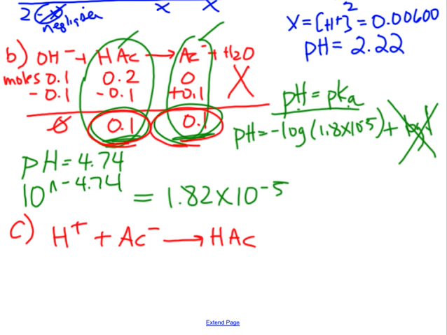What are we using? We're only using how many mils from the resulting solution? 0.04, right? But we need to know the concentration before we can actually do this in order to find out the moles that we're actually using. So in this case, we need to go back up here and figure out the concentration of those guys. So what was our total volume for part B?